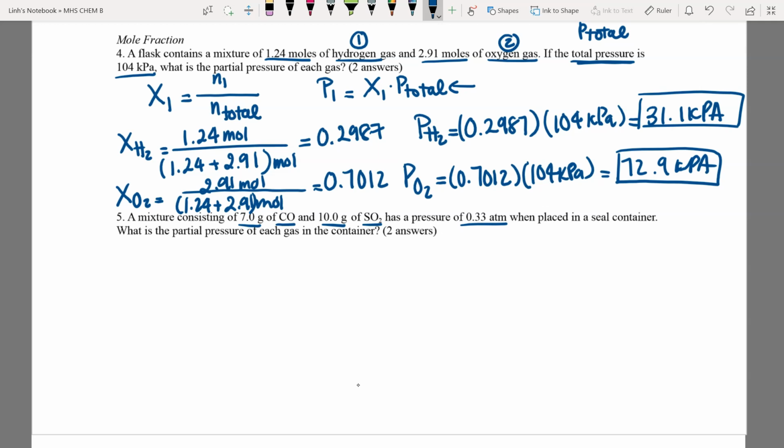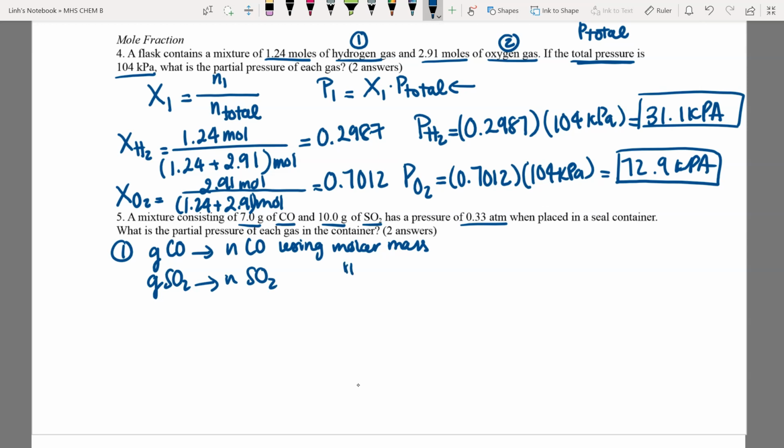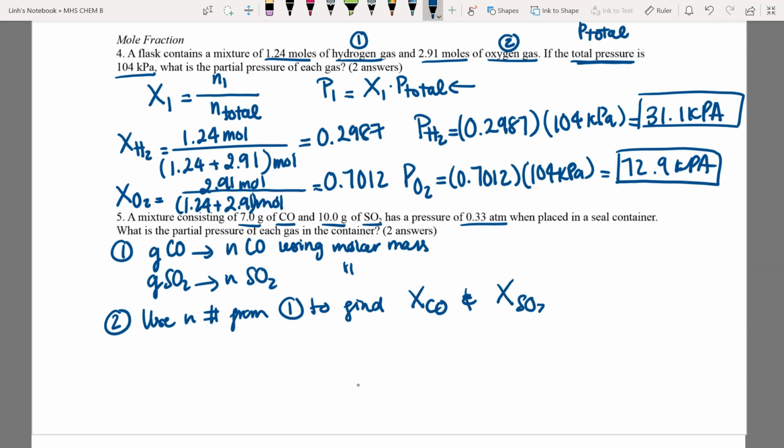Two answers. So step number 1 is for you to convert grams of CO to moles of CO using the molar mass, and do the same thing for grams of SO2, converting to moles of SO2 using the molar mass. Step number 2 is to use the moles from step 1 to find the mole fraction of CO and the mole fraction of SO2.